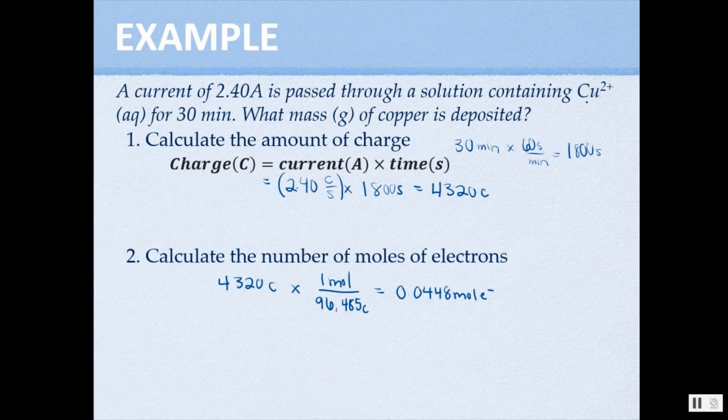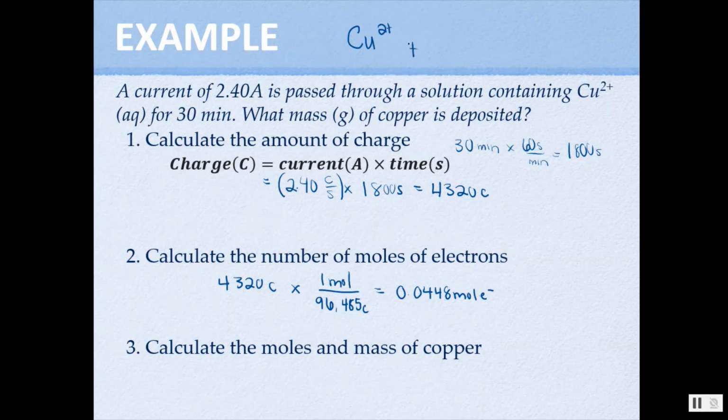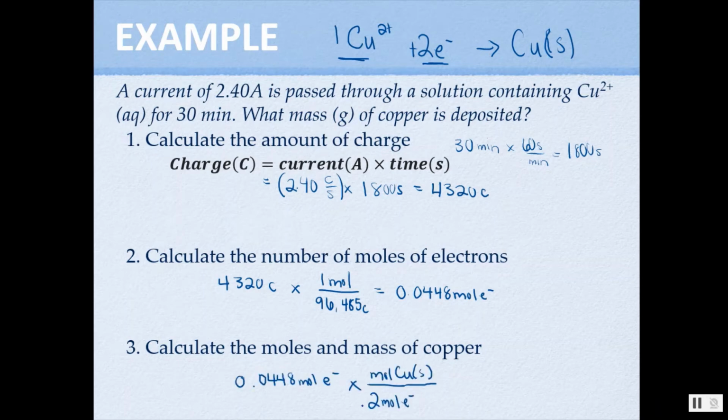For this reaction, I know that the copper 2 plus, when it accepts electrons, it gets reduced to solid copper, and I'm going to require 2 electrons for every 1 copper atom. So for my 0.0448 moles of electrons, we'll require 2 moles of electrons.